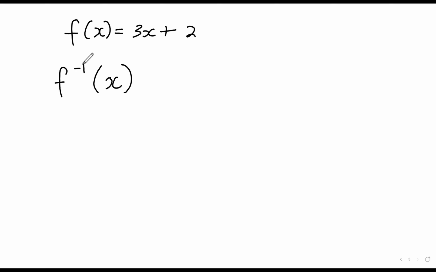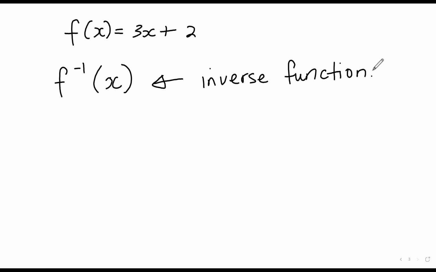This symbol here, f to the power of negative 1 of x, what is that called? That's right, this is the inverse. What are the steps to find the inverse of a function? Well, first of all, the inverse of a function is basically working backwards, right?